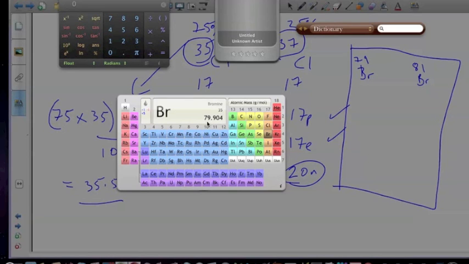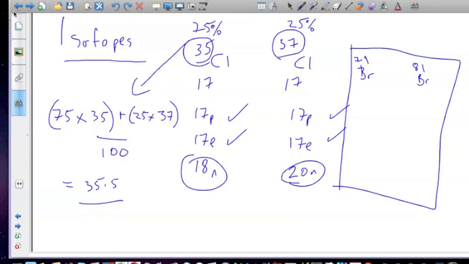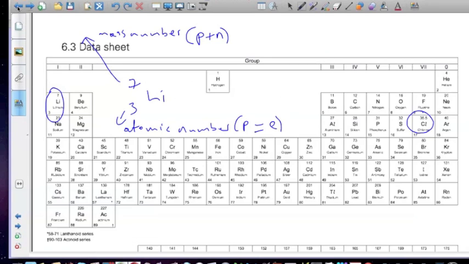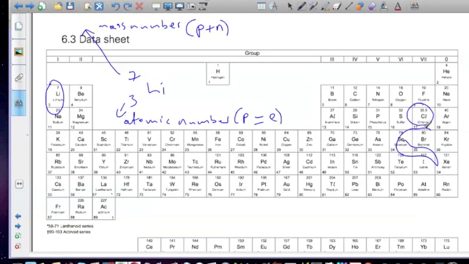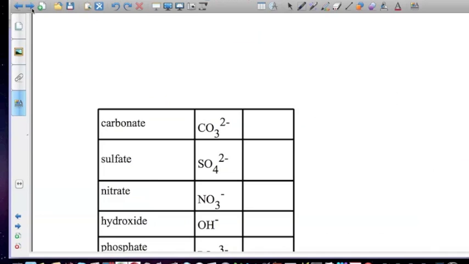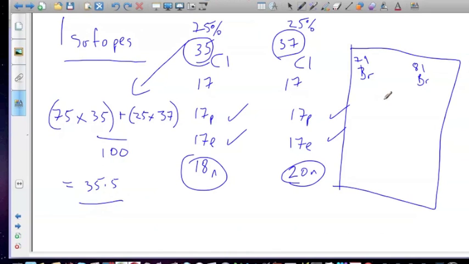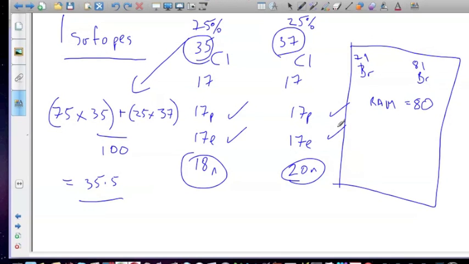I'm going to round that up to 80. That's probably what's in your GCSE periodic table. Let's see, bromine. Yep, it's 80 right there. So let's just go back to this here. Pause the podcast. See if you can work out, based on the relative atomic mass of bromine at 80, what the relative percentages of both of these would be.